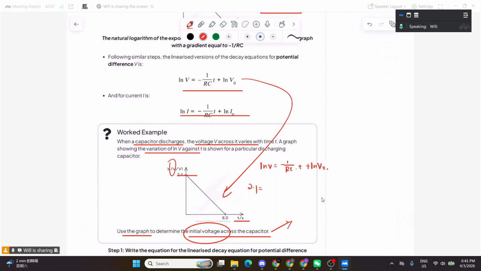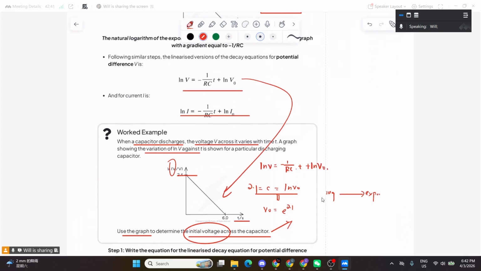That is the c of the line. So we can use the calculator to transfer it, the initial value is e to the power 2.1. Understand that? That is the log rule to transfer the log function into the exponential.